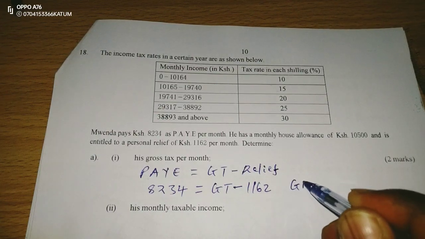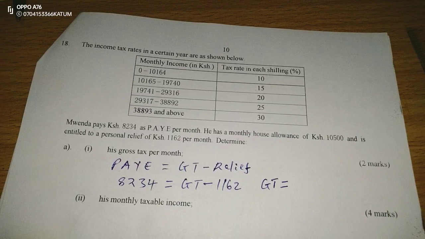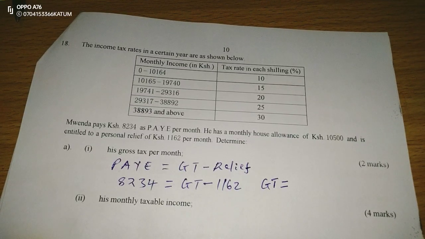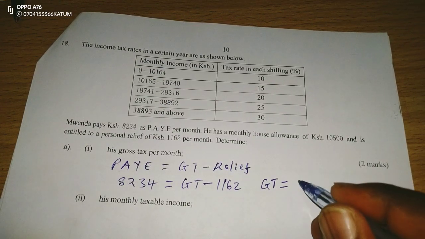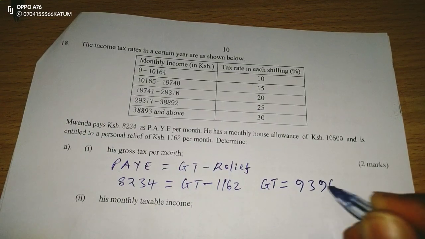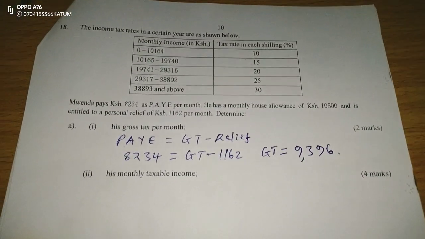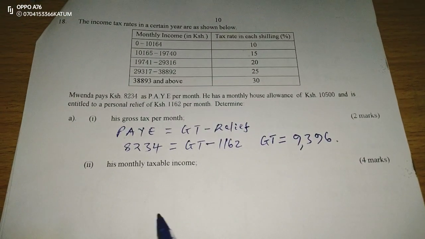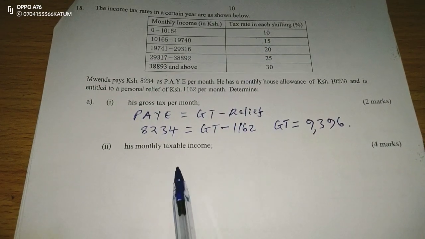Therefore, gross tax is going to be equal to, when we add the relief to the PAYE, 8,234 plus 1,162. This is going to give us 9,396 Kenya shillings.